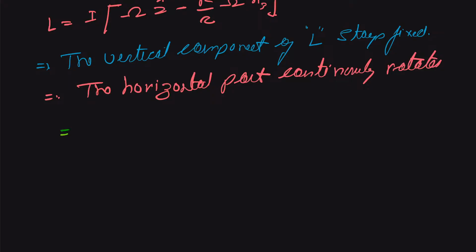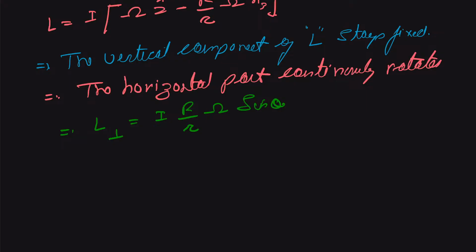Therefore we can write that the component of this, let us call this L perpendicular, will be equal to I r upon small r, and here we have omega sine of theta. Okay.